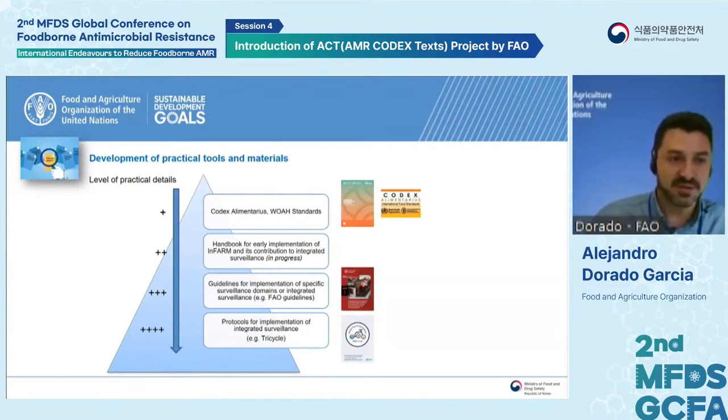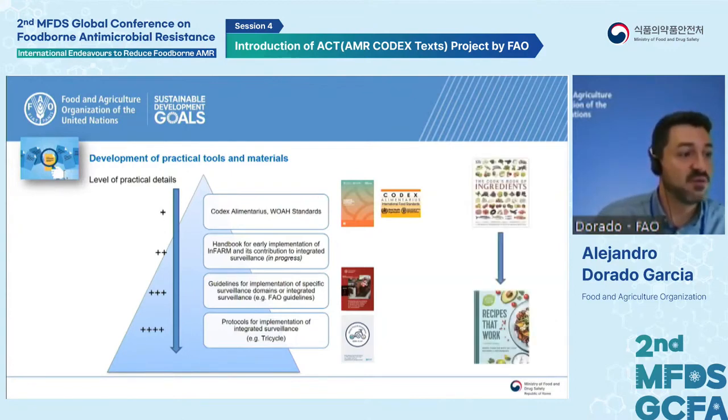This is work in progress, and it will also be developed thanks to this project. And then, of course, as I was saying before, we have guidelines on the implementation of specific surveillance domains that have been produced around the world. And then with even more level of detail, we have specific protocols for the implementation of integrated surveillance. So this project is going to be covering this gap and also to support the participation in the InFARM initiative.